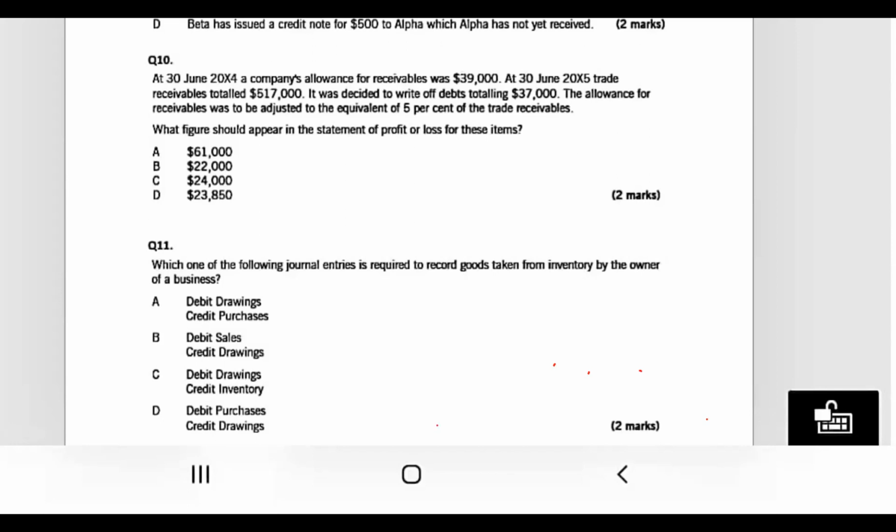I'm not claiming that I know it all. I'm still bound to learn. But what I've read so far is that the only difference between inventory and the purchases is just the time. Otherwise, the same goods that you are buying for resale can be the inventories.